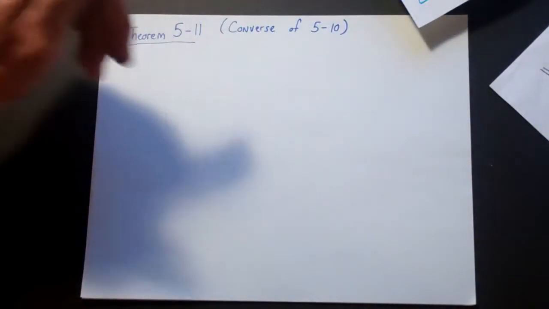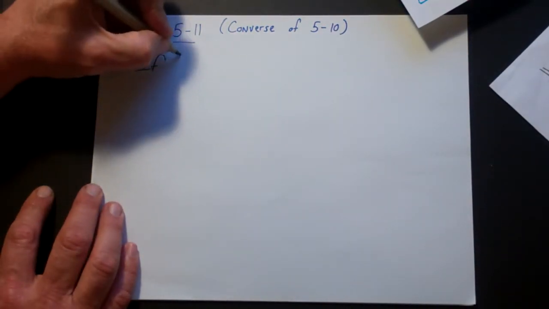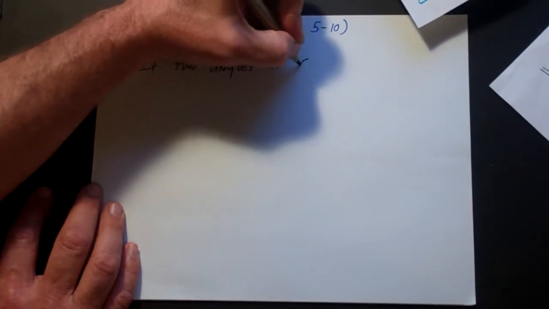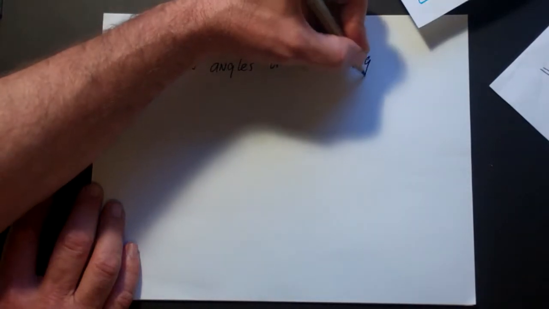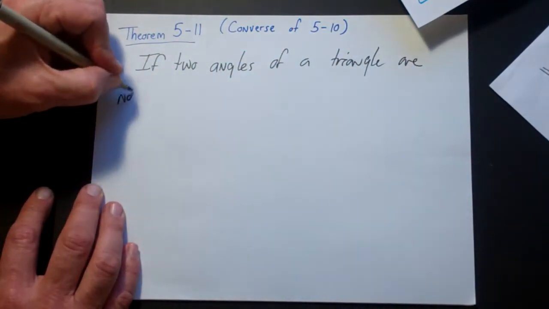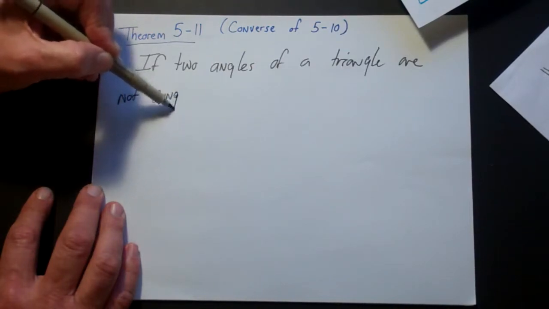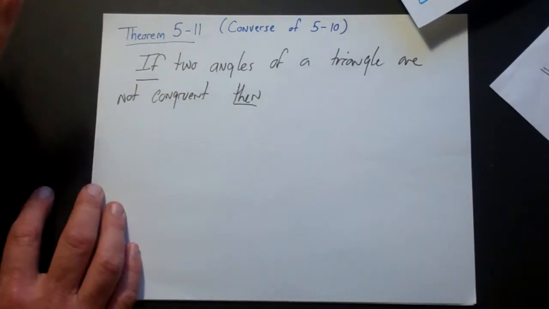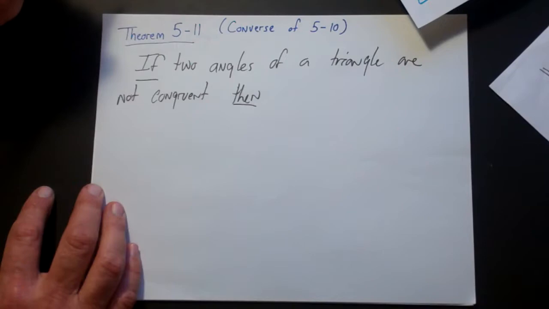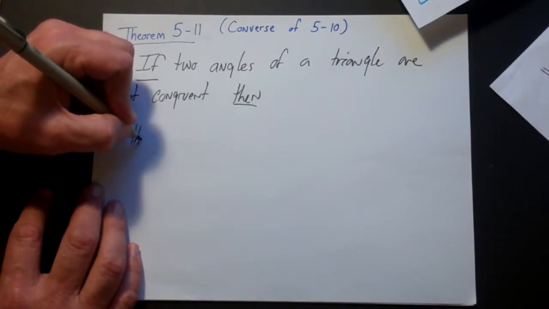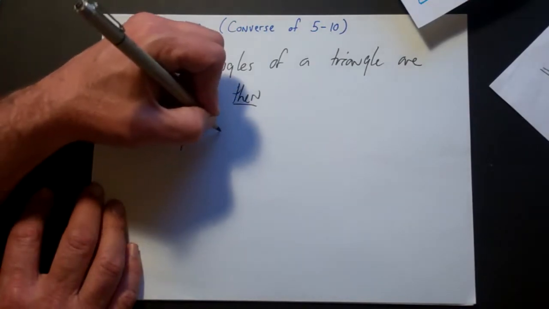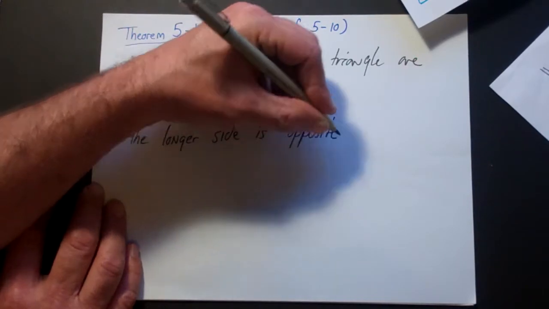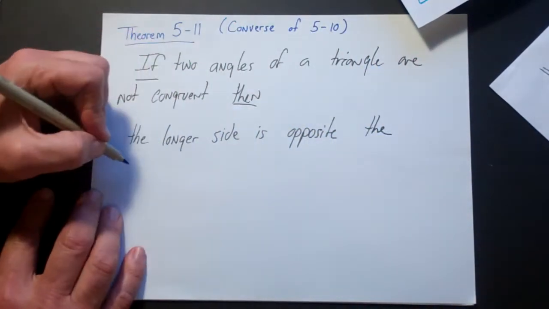It says that if two angles of a triangle are not congruent, then, again, the if-then statement, the longer side is opposite the larger angle.